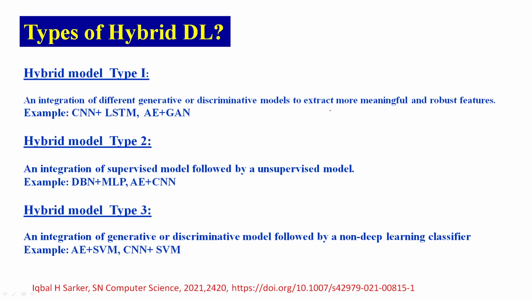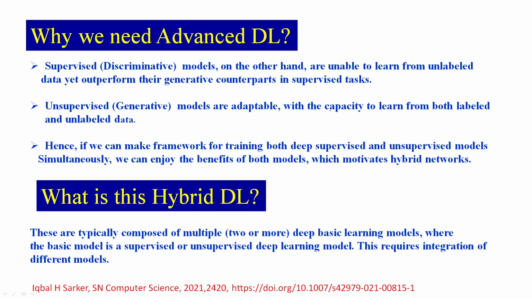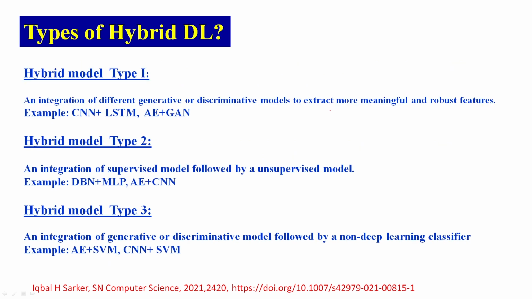So, how can you hybridize or make hybrid DLs? You can have model type 1, in which you integrate different generative or discriminative, like supervised or unsupervised, models. Remember, generative means unsupervised and discriminative means supervised learning methods. So, we can combine these different models to extract more meaningful and robust features, like CNN, ConvNet plus LSTM, or AE plus GNN.